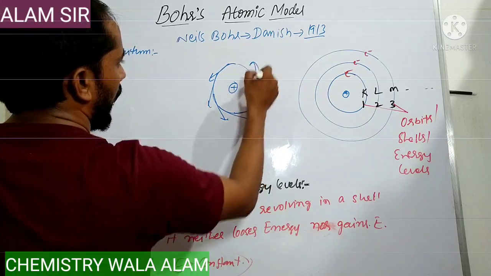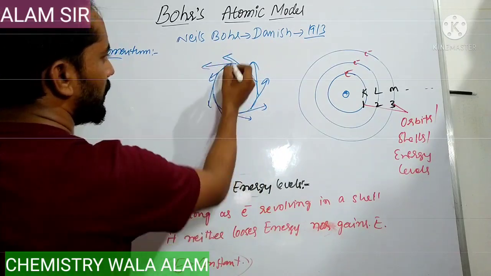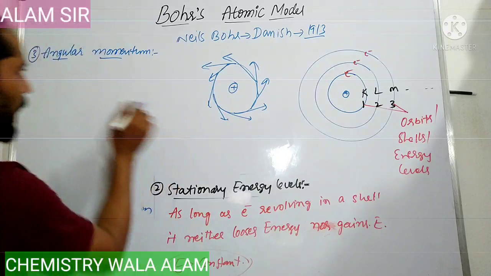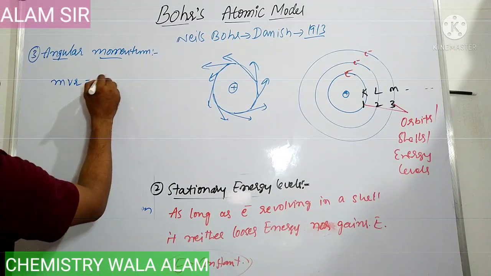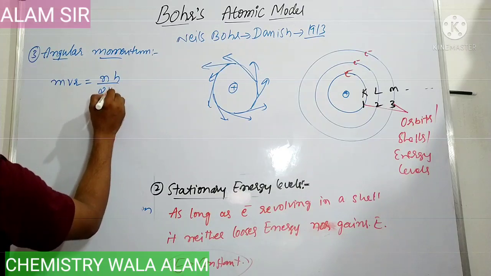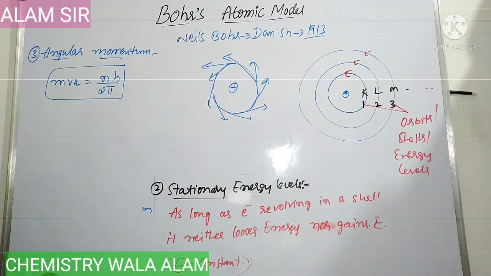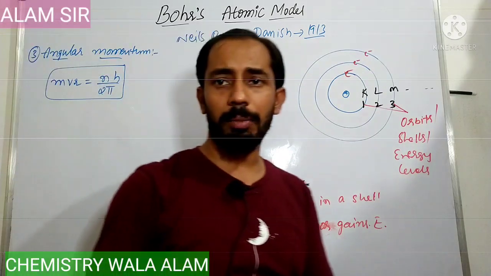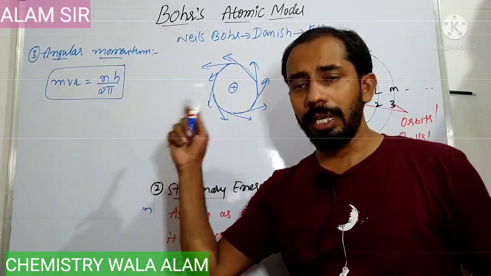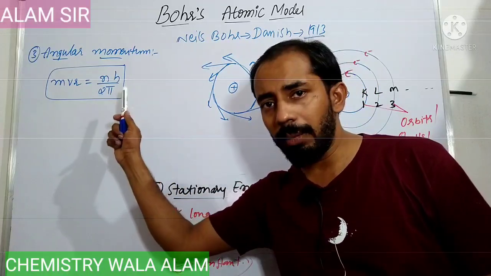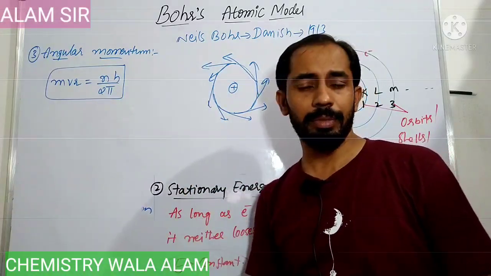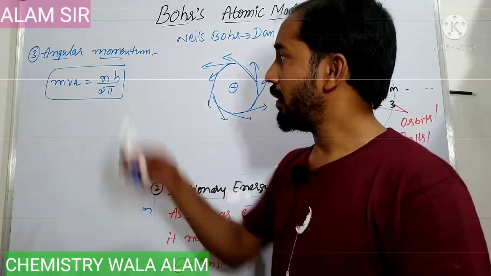Since it is revolving angularly, that is called angular momentum. Angular momentum mvr is equal to an integral multiple of nh by 2 pi. Nh by 2 pi is very important. The angular momentum of an electron in the nth orbit is equal to an integral multiple of nh by 2 pi.